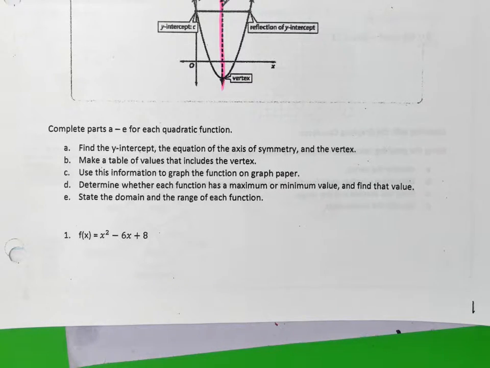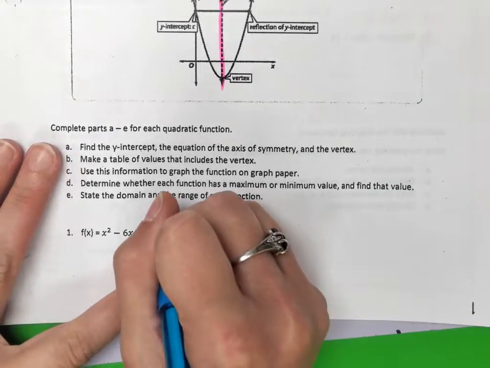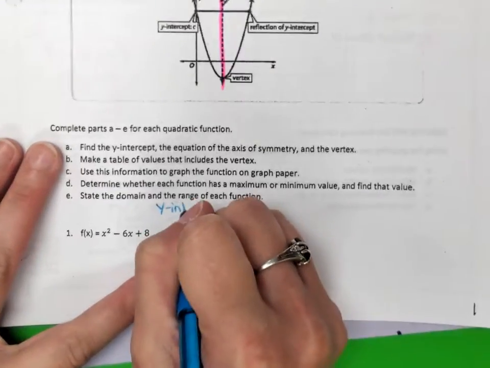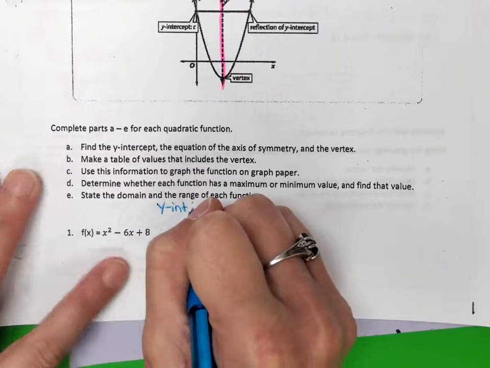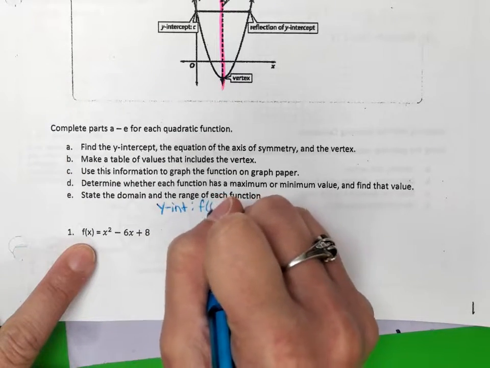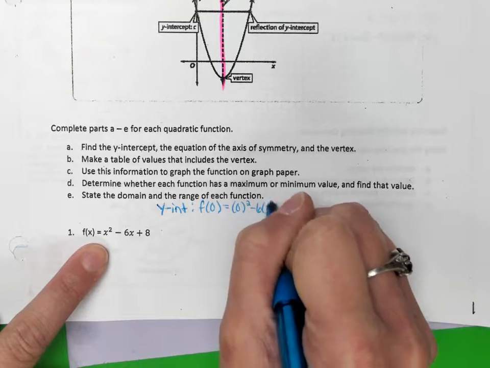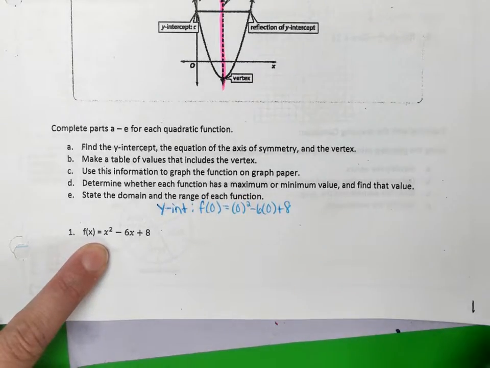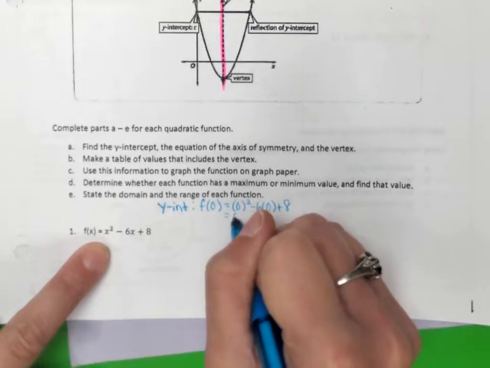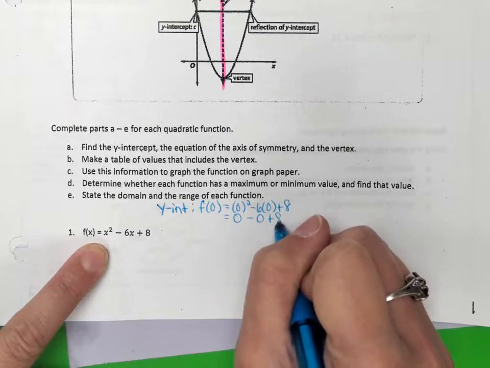So what is the first thing it tells us to do? Find the y-intercept. Okay, so how do we find the y-intercept? What number are we plugging in? 0. There you go. So f of 0 equals 0 squared minus 6 times 0 plus 8. So that is 0 minus 0 plus 8.